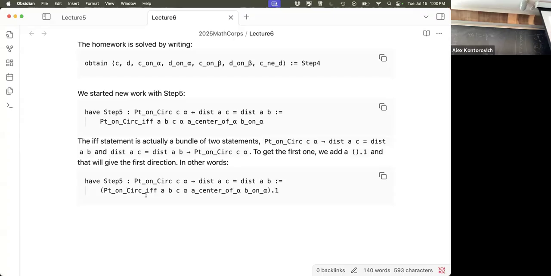So that's what step 5 is. It's that point on circ C alpha implies the distance between AC is equal to the distance between AB, and the proof of that is this whole thing with the dot one at the end. Does that make sense? So far, so good.